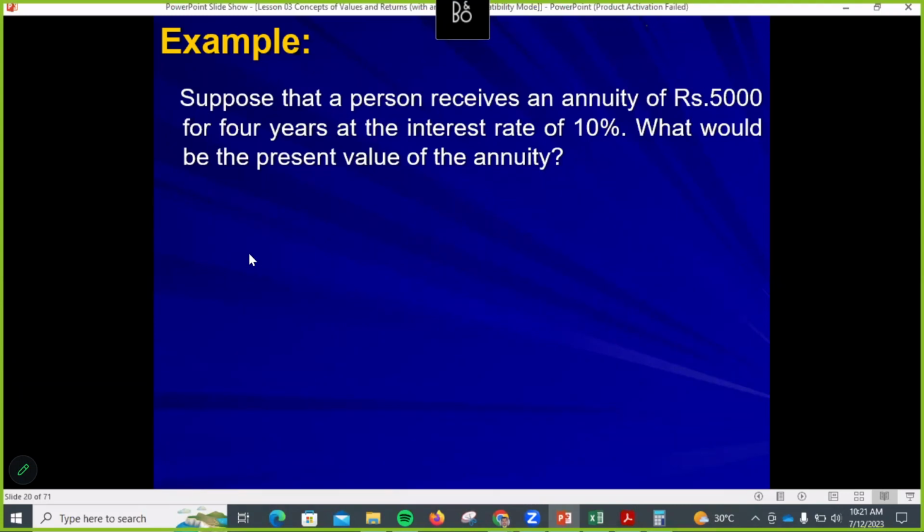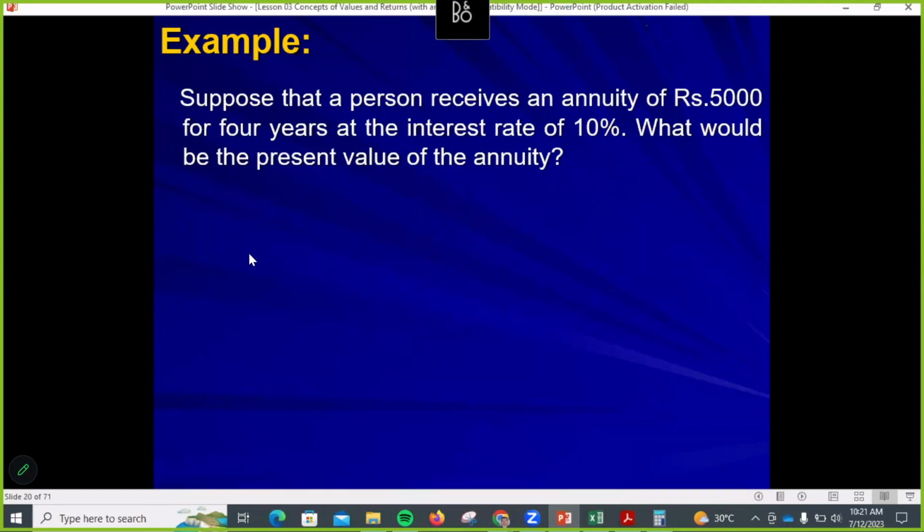Suppose that a person receives an annuity of 5,000 every year, for 4 years. Interest rate 10%. Calculate the present value of the annuity.